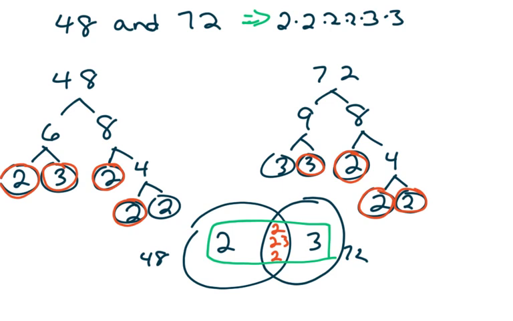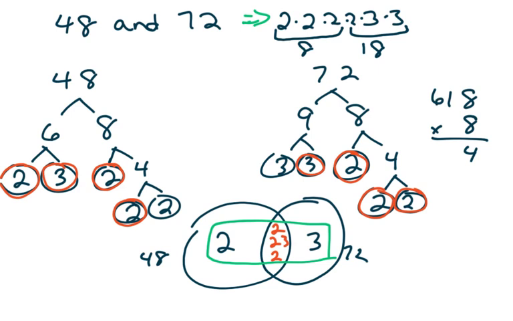And so we want to multiply those together, and so let's see, this is 8, and this is 9 times 2 is 18. So we have 8 times 18, which is 144. So we have our least common multiple of 48 and 72 is 144.